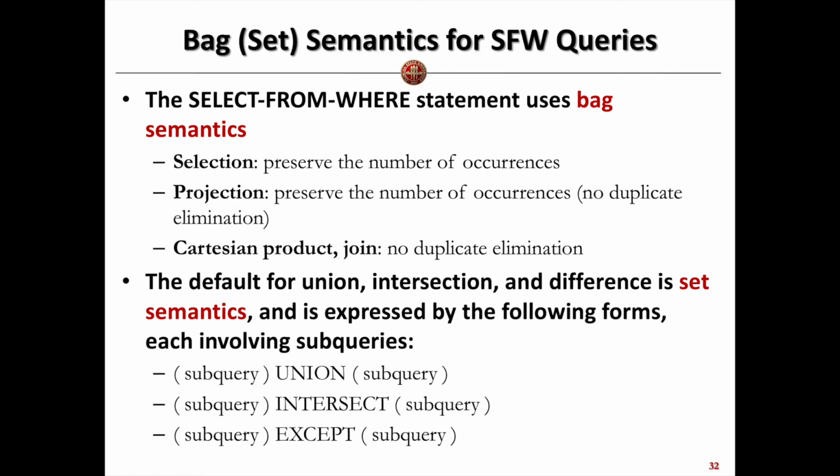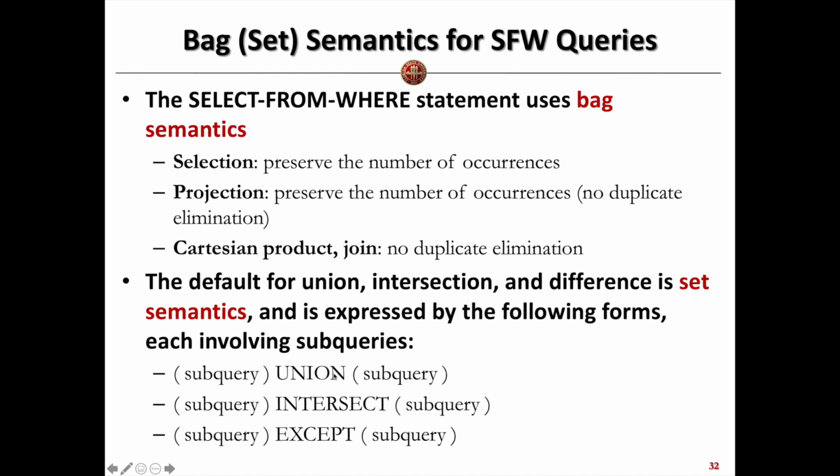In comparison to bag semantics, we also have set semantics. If you still remember, for sets we don't allow duplications. So the default for union, intersection, and difference uses set semantics, and it is expressed by the following forms involving subqueries. By using union, intersection, and except, we can connect multiple subqueries together.